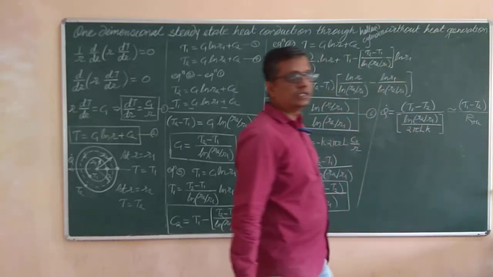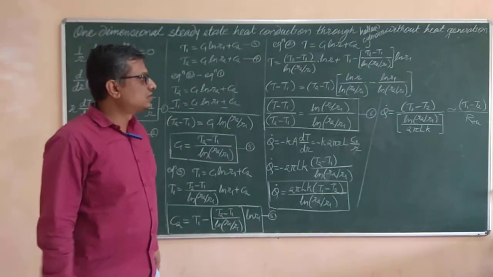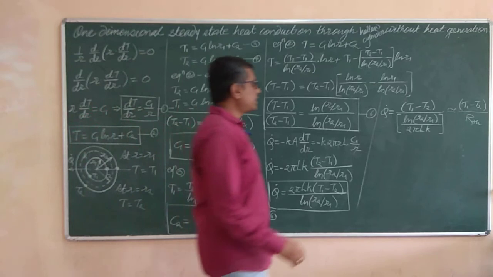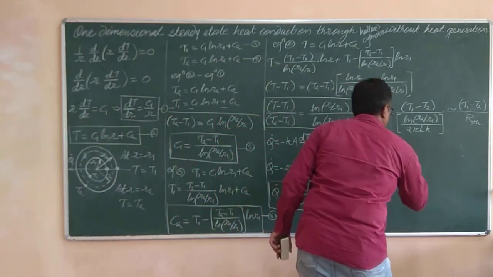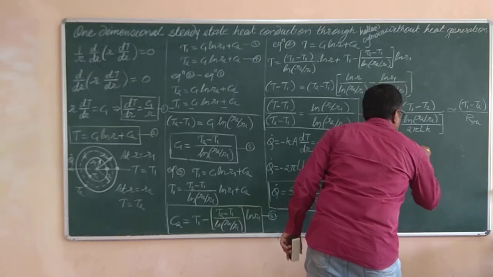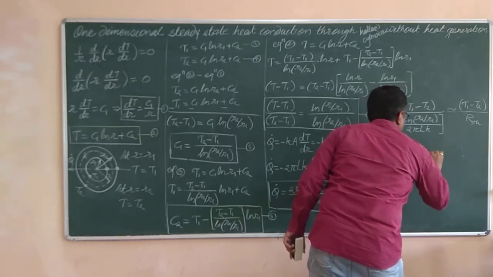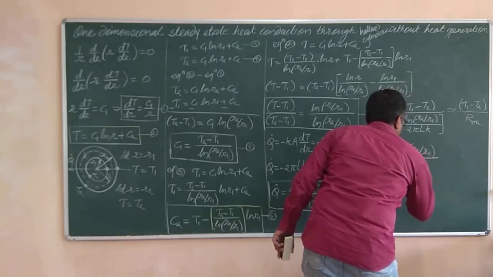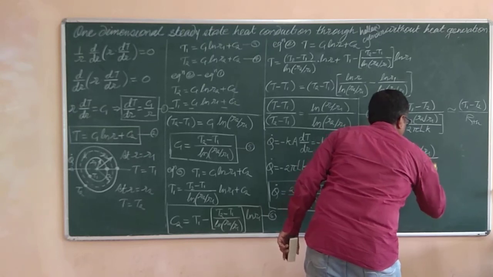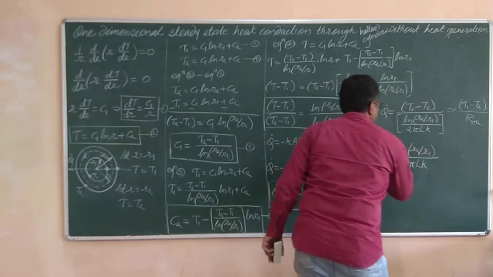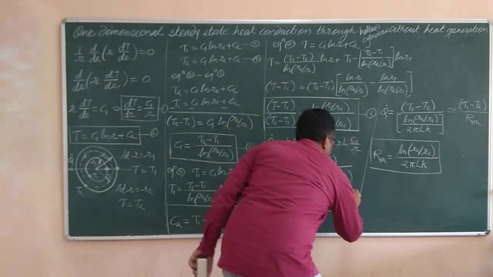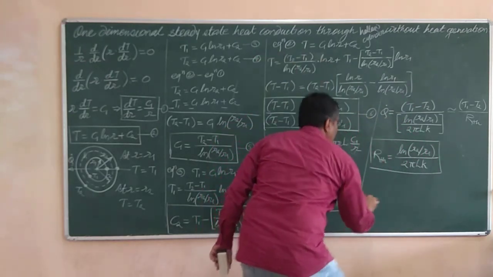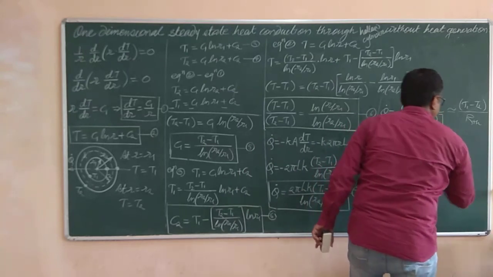RTH is nothing but the thermal resistance for the heat transfer, and I can write the equation for the thermal resistance RTH as the natural log of R2 by R1 whole divided by 2 pi Lk, and this is the equation for the thermal resistance of the cylinder. If I say this is equation number 6, this is equation number 7, and this is equation number 8.